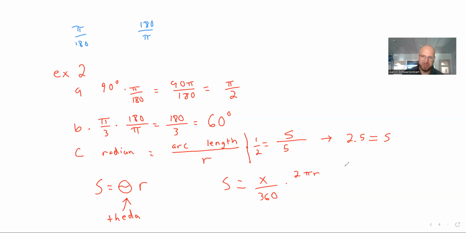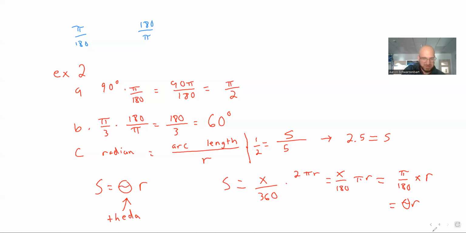So 2 and 360 cancel, leaving X over 180 times pi r, where pi over 180 is my conversion factor, degrees to radians. If X is my angle in degrees, I can just replace that with an angle in radians. And so that's another way of thinking about it.